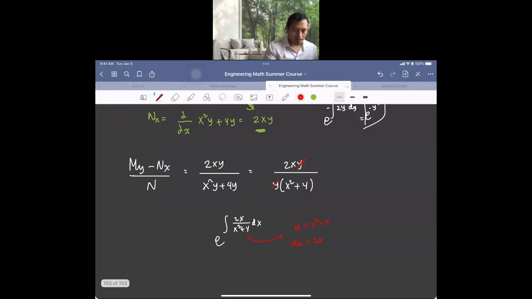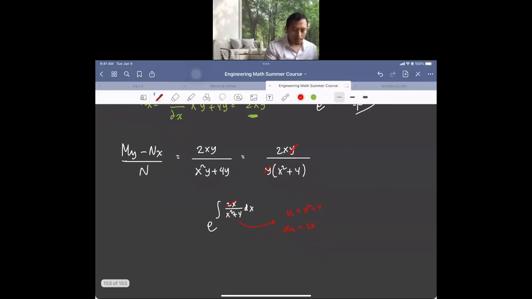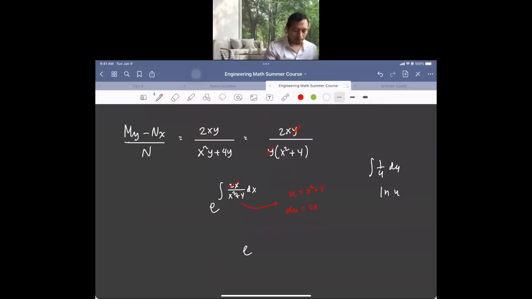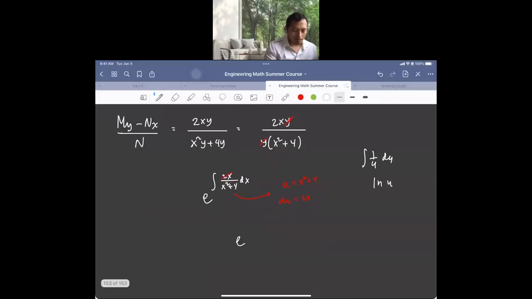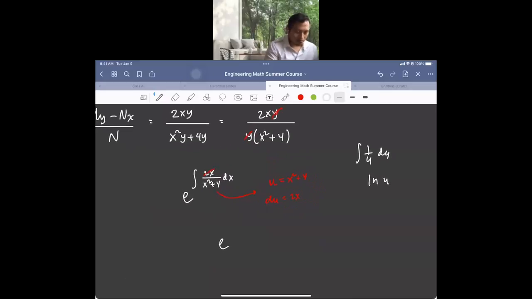Now we can just use a simple substitution, and we can cancel this, right? And we can take the 1 over u du, right, and it becomes ln u.